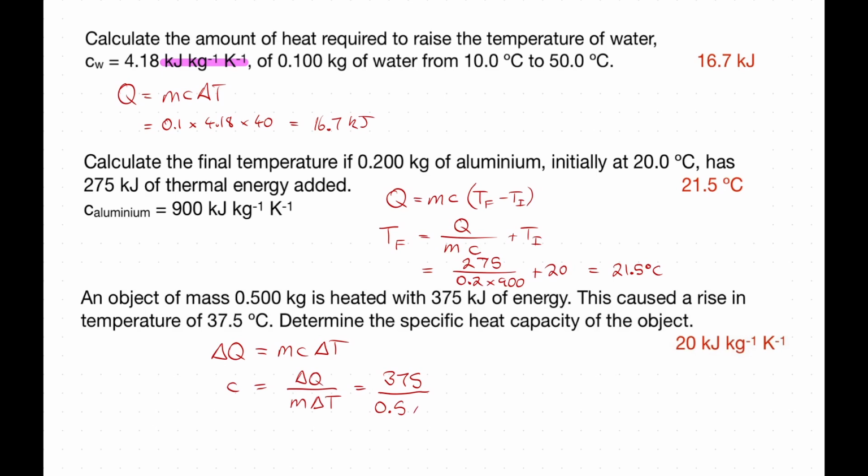So this is going to be our 37.5 here, which should come out as being 20 kilojoules per kilogram per Kelvin or degrees Celsius. Either way, it doesn't really matter.